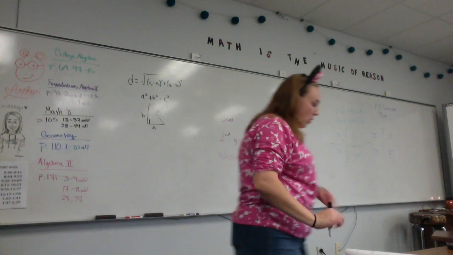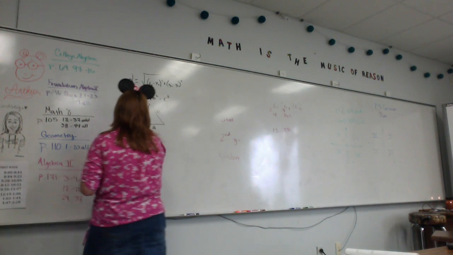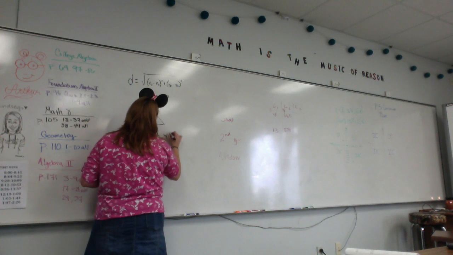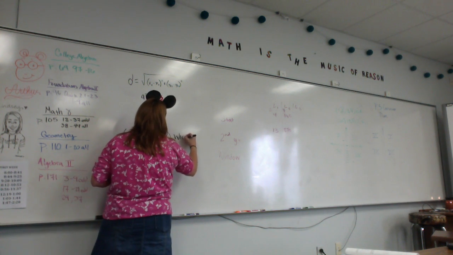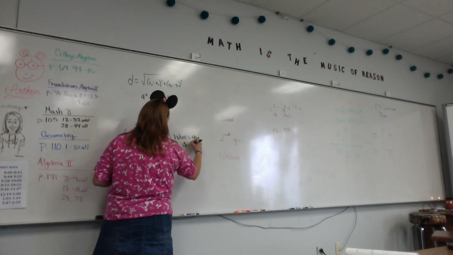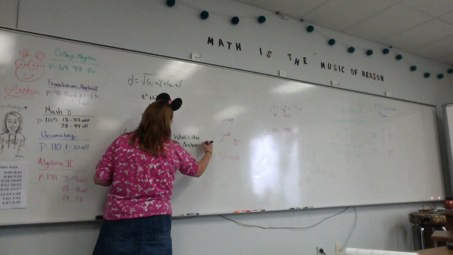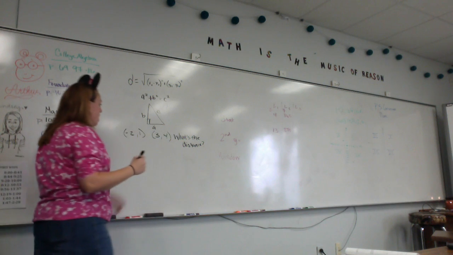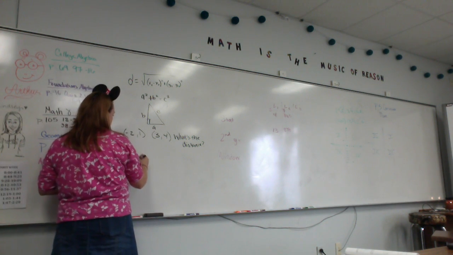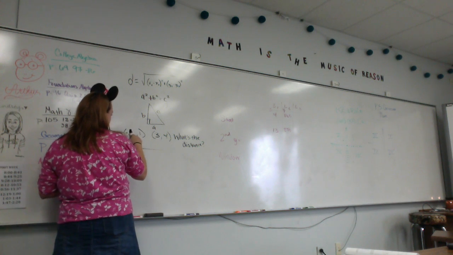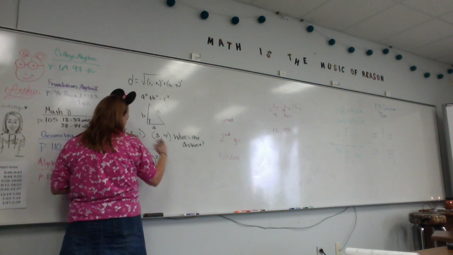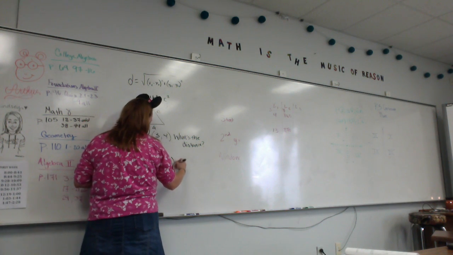So if they give us two points, say they give you -2, 1 and the point 3, 4, and they ask what's the distance, how would I figure that out? Plug the points into this formula here. So distance equals the square root of (-2 minus 3) squared plus (1 minus 4) squared.